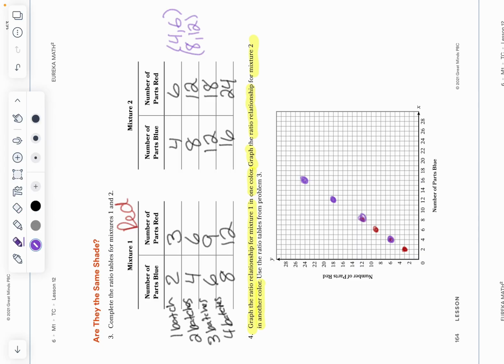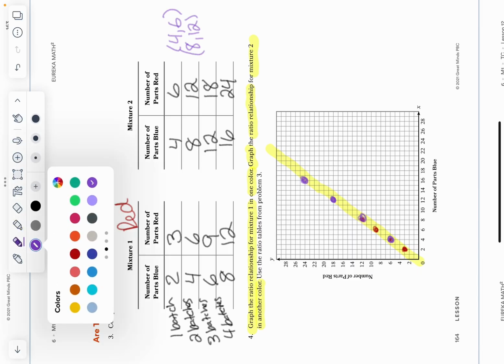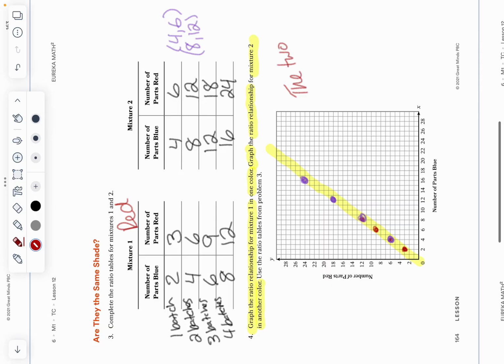And you guys should be seeing that if I were to go ahead and connect all those dots, they would all be in a straight line. So what this is telling us is that the ratio in mixture 1 is equivalent to the ratio in mixture 2. So the two ratios are equivalent.